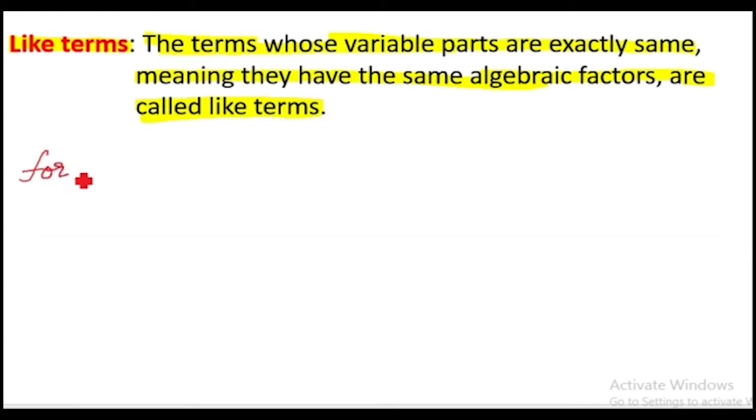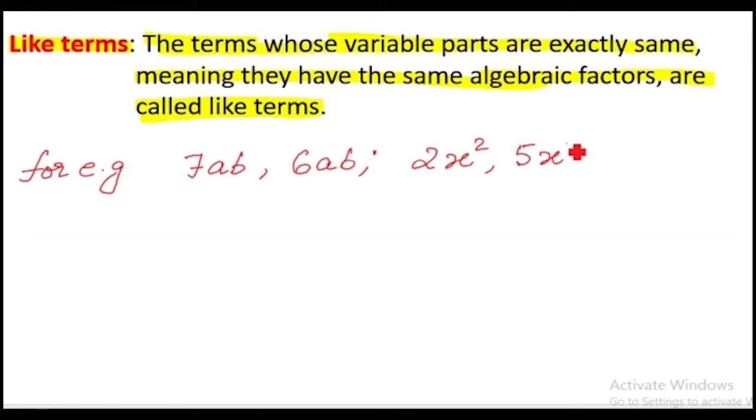For example, 7ab, 6ab, 2x square, 5x square, all these are like terms because here 7ab has the same algebraic factor, the variable is also same.